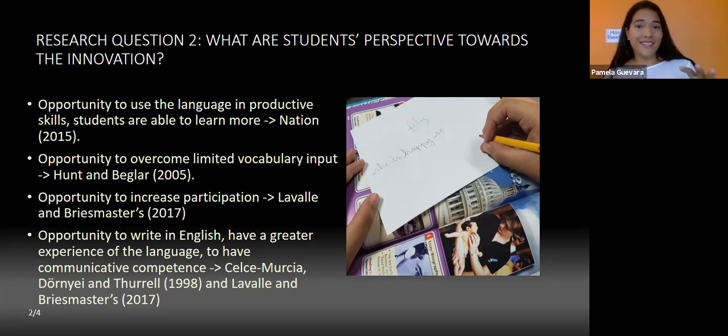They had to write their sentences, but they had to stand up in front of everyone to share the information. So they started to feel better about oral presentations too. It is another side effect of the study. And they had the opportunity to write in English and have a greater experience of the language.